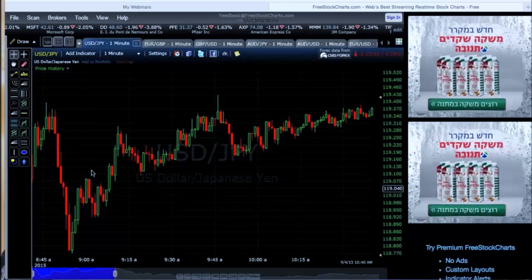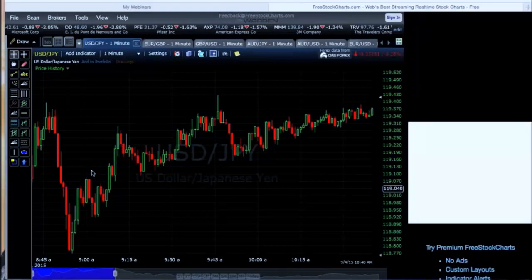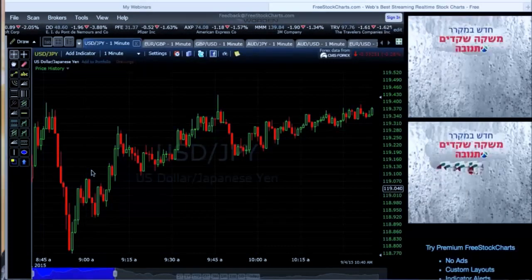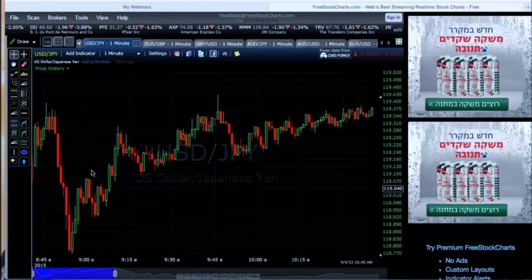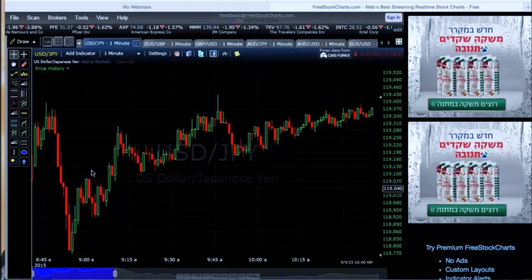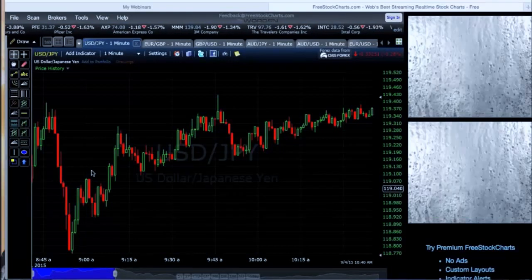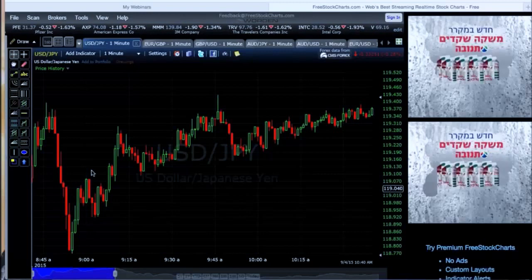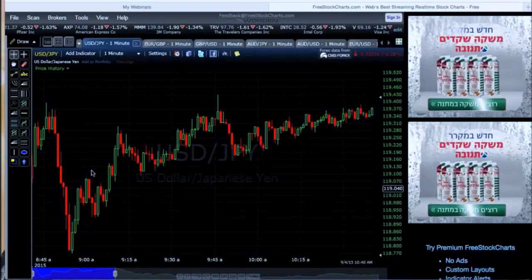It's Saturday today, so we don't have any live trading going on, but I'm going to move the chart as if we are trading live. So I'm going to move it kind of candle by candle. Sorry about that.